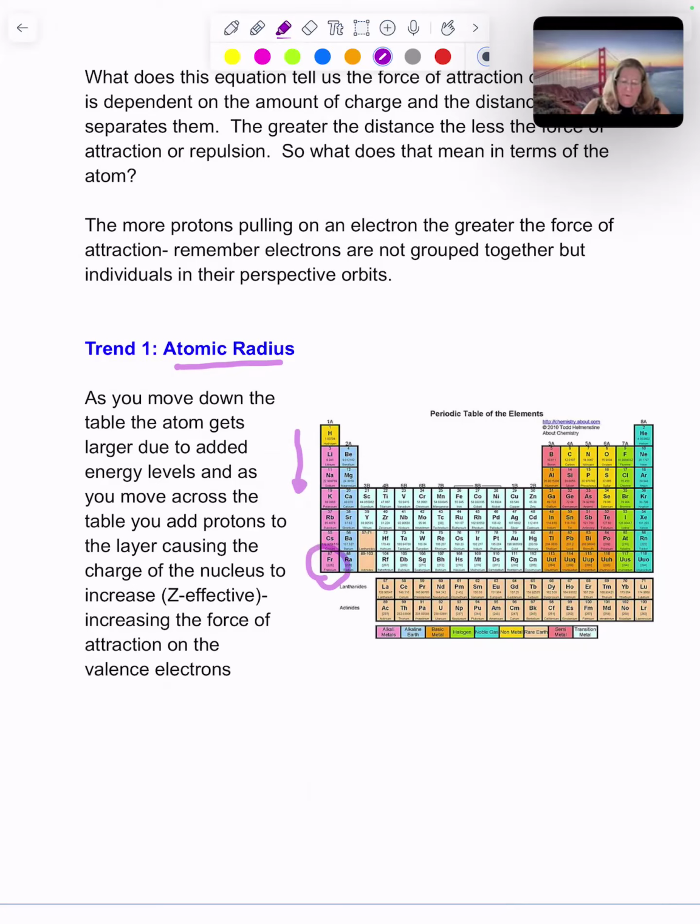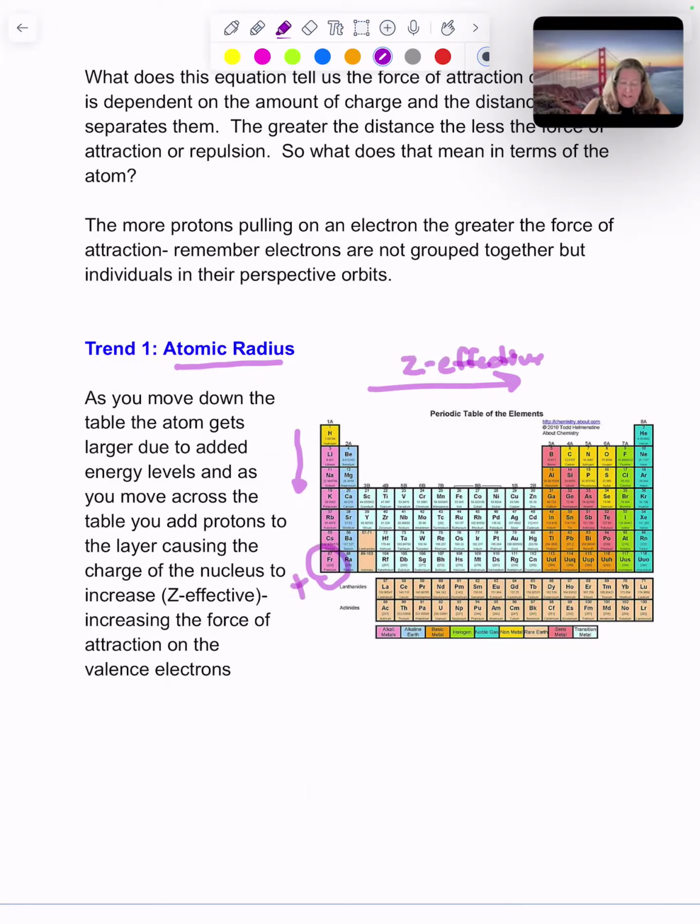Now, as we move across the period, we're adding protons, our Z effective. That's the nuclear charge. The nucleus technically gets stronger as you move across, pulling those electrons in tighter.